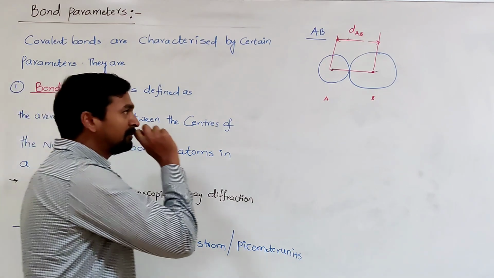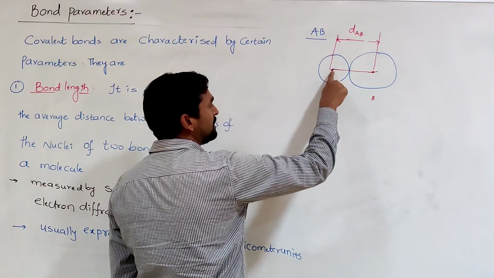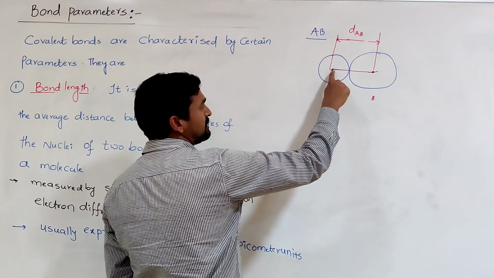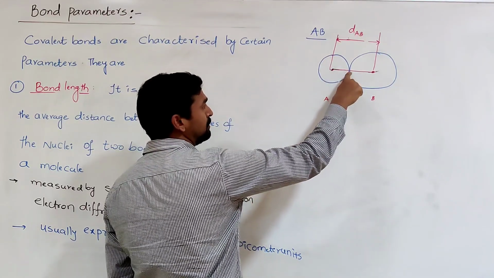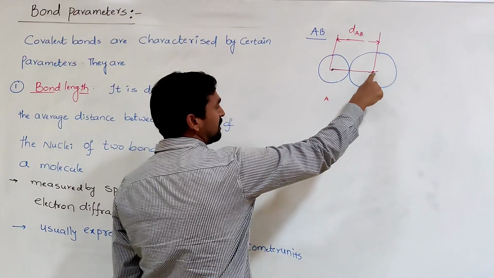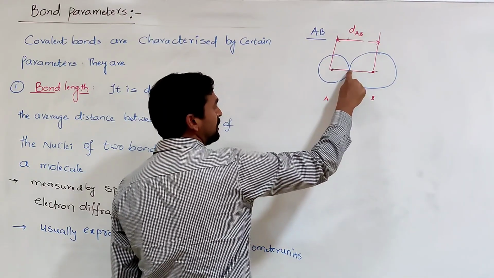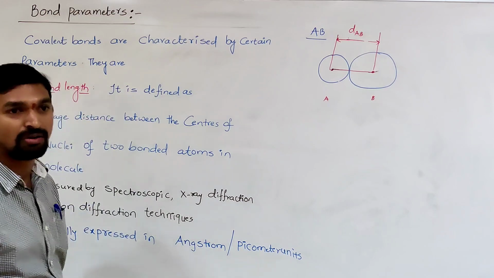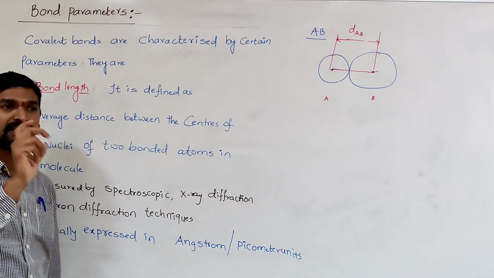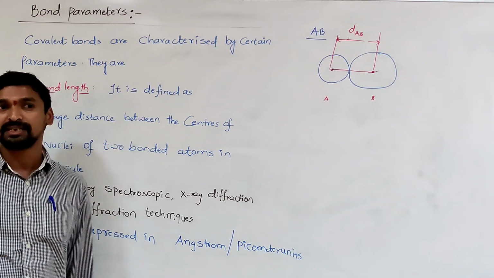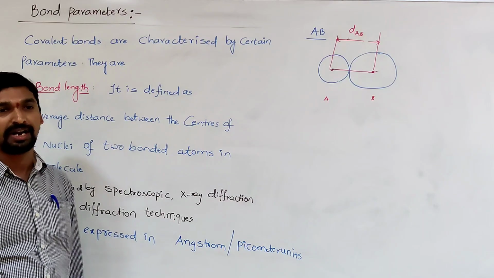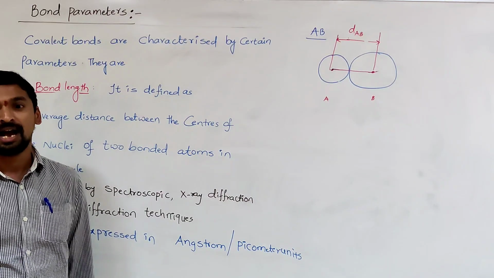When we see individually the distance from the center of the nucleus of A to here, and from the center of the nucleus of B to here, they are called covalent radii. This is discussed clearly in periodicity in properties: covalent radii, van der Waals radii, ionic radii.